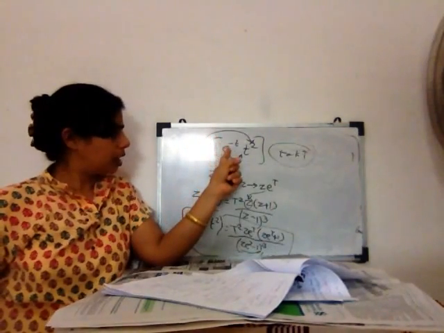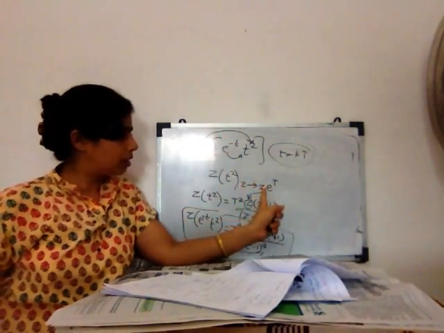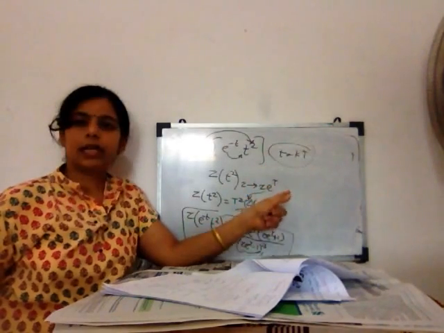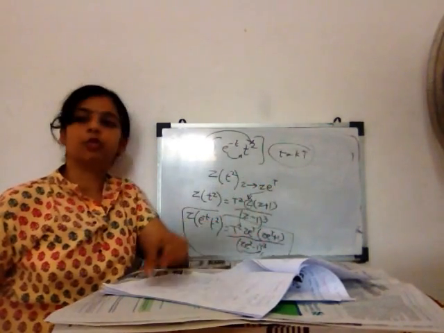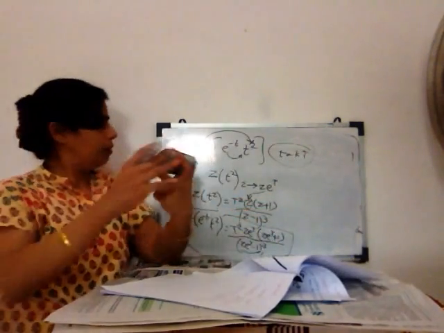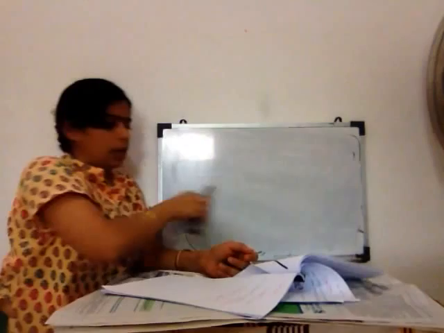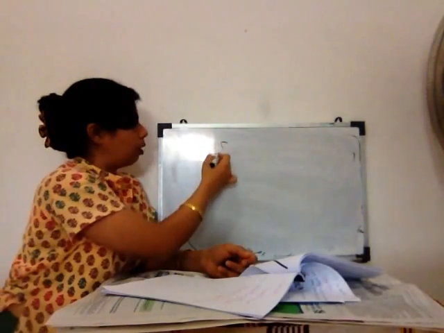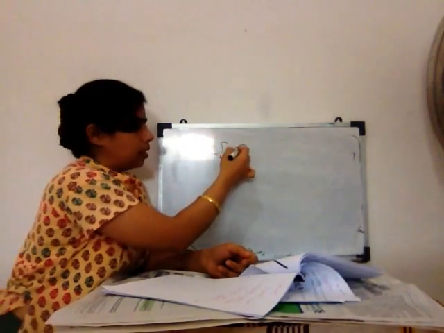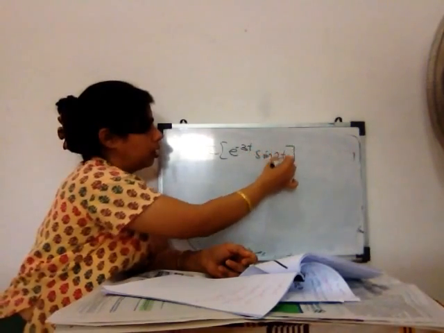So in general, if it is e to the power 2t, then z is replaced with z e to the power 2t; if 3t, then z is replaced with z e to the power 3t, and so on. One more example of this type: if we have the z transform of e to the power minus 3t sine of 2t.